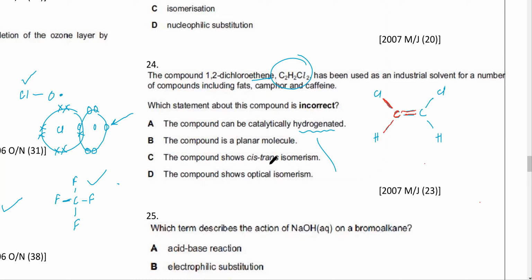Cis trans isomerism show करेंगे क्योंकि there's going to be another version of the molecule जिसमें bonding exactly same होगी. Okay, this carbon will have Cl and H. The other carbon would also have Cl and H, except that the Cl would be pointing downwards. Optical isomerism नहीं है. Optical isomerism होता था जब you have a carbon and it's bonded to 4 different groups.